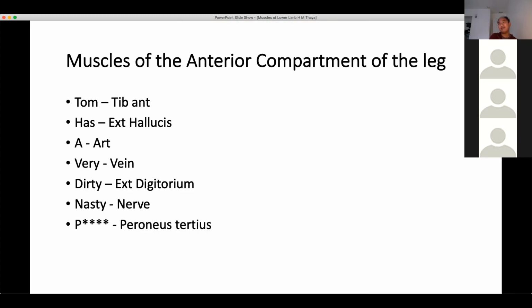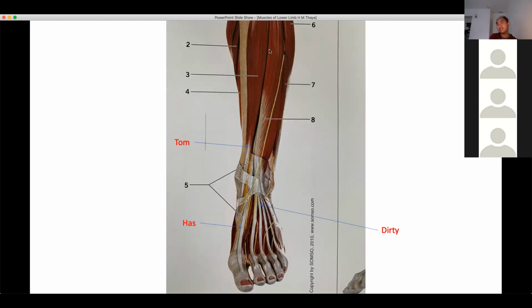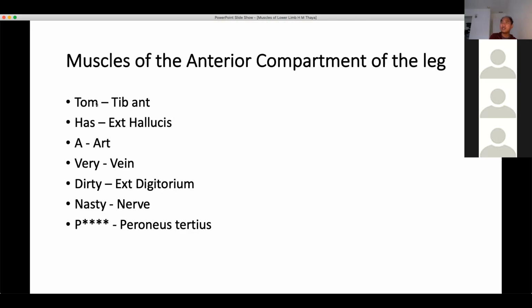Tom has a very dirty, nasty P. Look at that anterior group, they become tendons crossing in front of the ankle from medial to lateral, from the medial malleolus to the lateral malleolus. So it is in order. Yeah, it is in order. We will try to remember the muscles as Tom has a very dirty, nasty P.